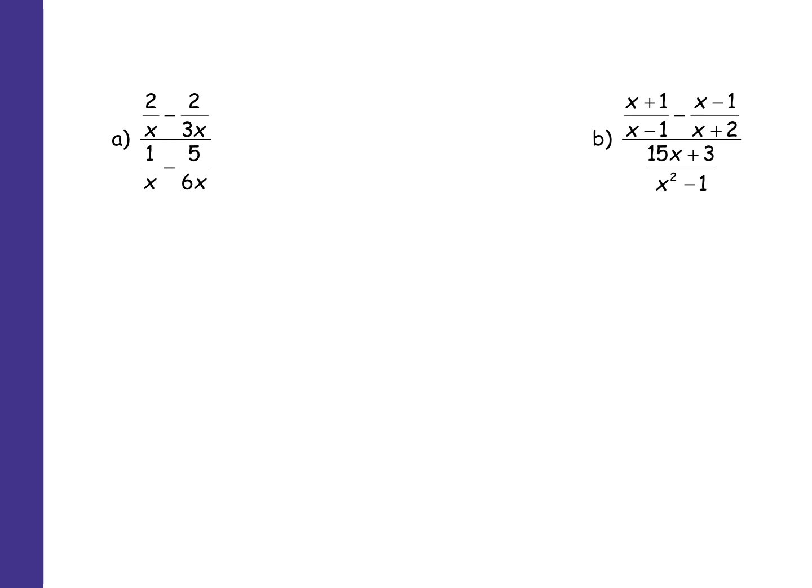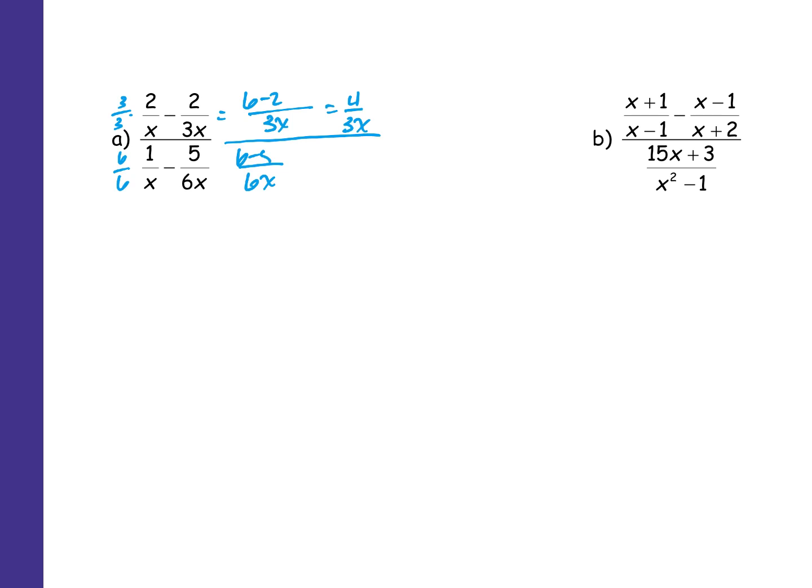And then, okay, so I did the top first. And I said my common denominator is 3x. So I need to multiply by 3 over 3 here. So I got 6 minus 2, or 4 over 3x. And then in the bottom, my common denominator is 6x, so I need to multiply by 6 over 6.